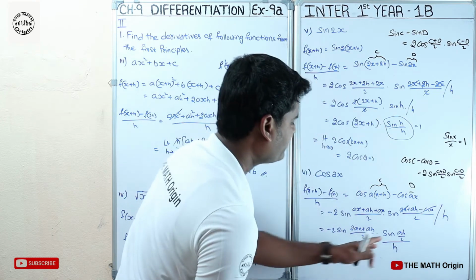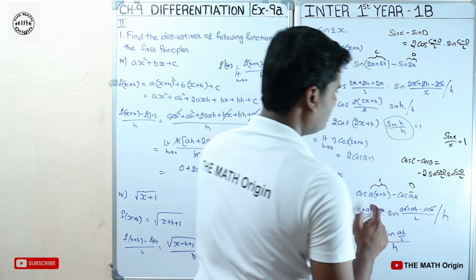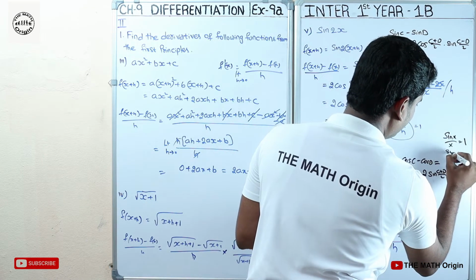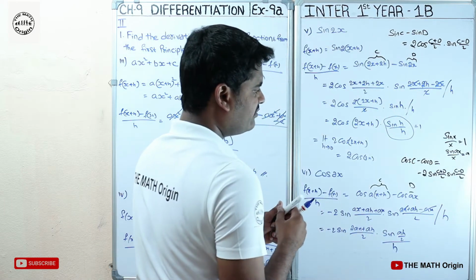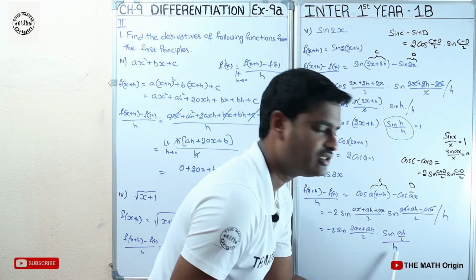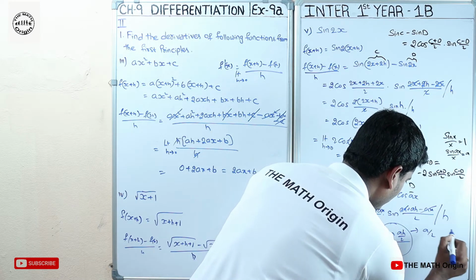So now I will put the whole divided by h, and I will apply the h only for the sin term. If you see, sin x by x is there, right? Now sin ax by x is a. In the similar way, sin (ah by 2) by h, this complete value will be a by 2.